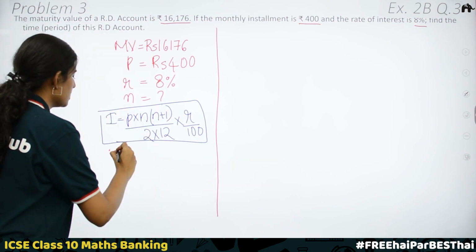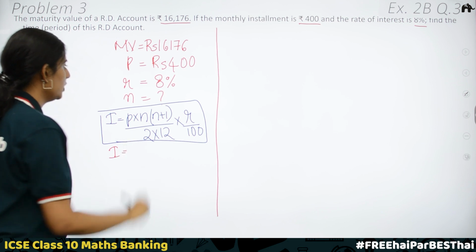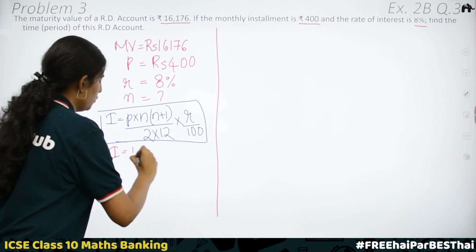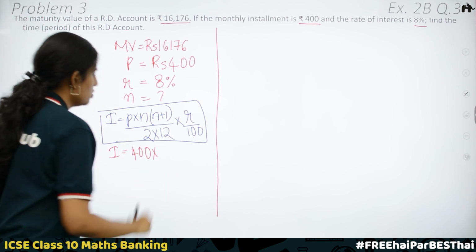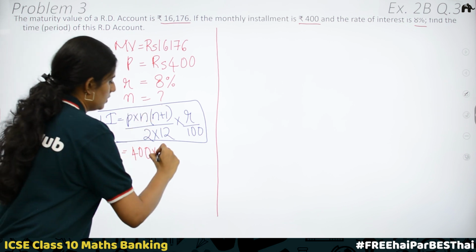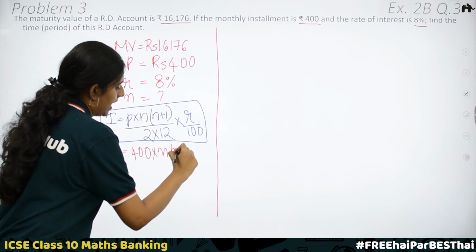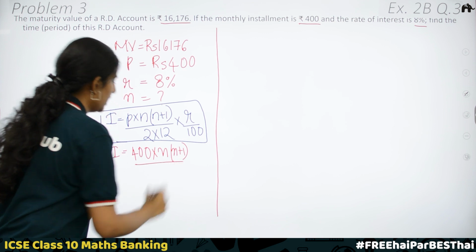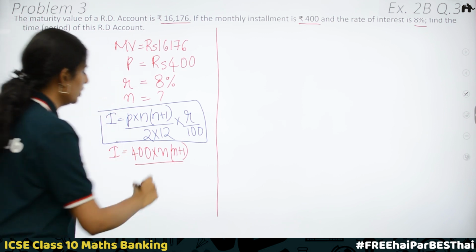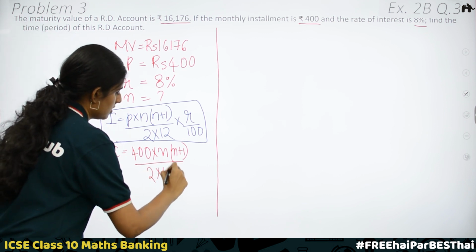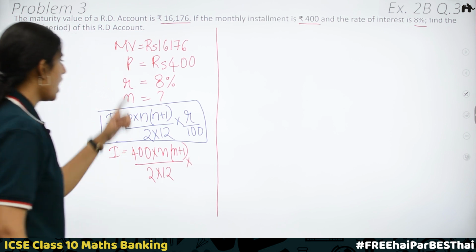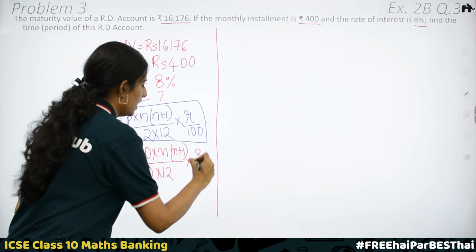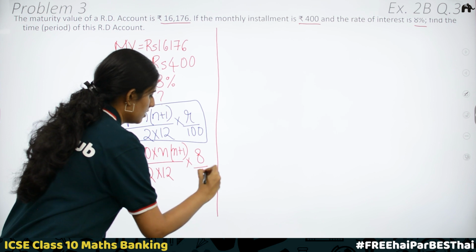Substitute the values. I is equal to P, 400, into N, we don't know, into N plus 1 divided by 2 into 12 into R by 100, that is 8 divided by 100.